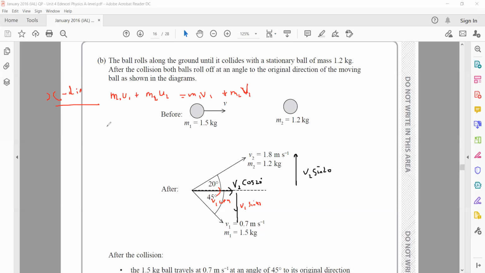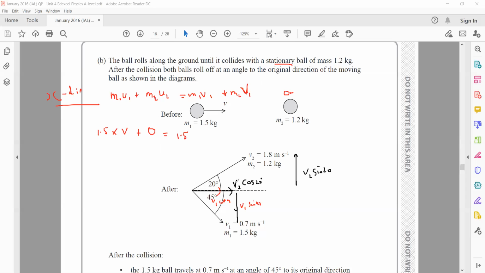Initially, the object of mass 1.5 kilogram is moving with velocity v. The second object was stationary, so its initial velocity was 0, and this whole momentum will be 0. M1 is 1.5.